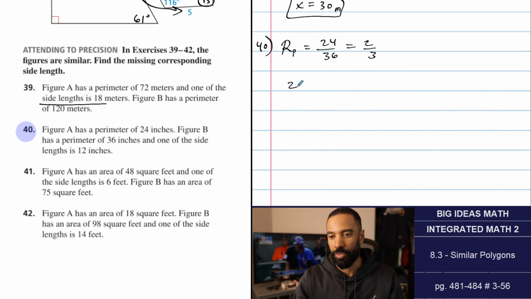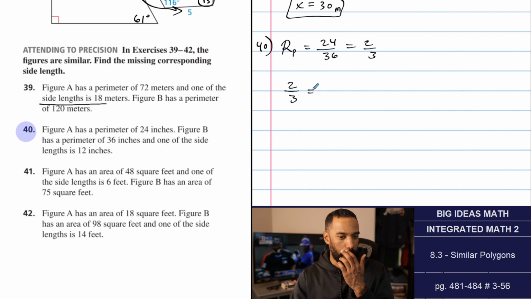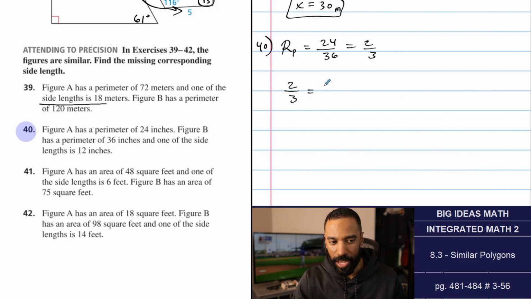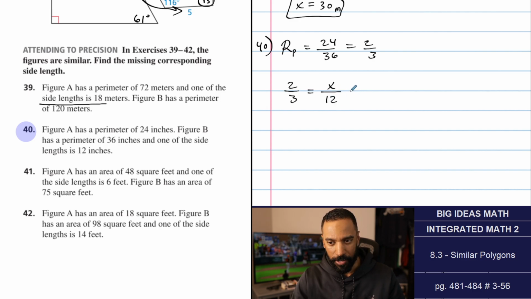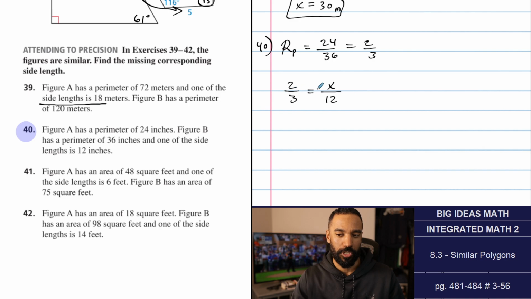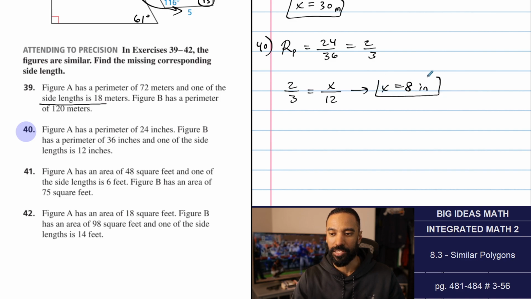So let's take that 2/3 and do a proportion comparison by figuring out this unknown figure A's length. That's going to be in the smaller figure, and B has a length there of 12. So if I multiply by 12, 2/3 of 12 is 8. So x is going to equal 8 inches in this case.